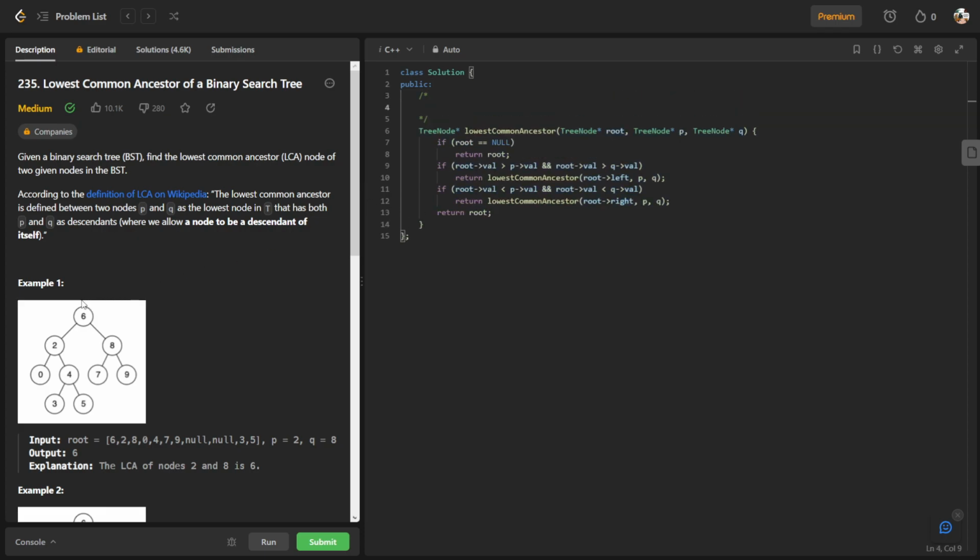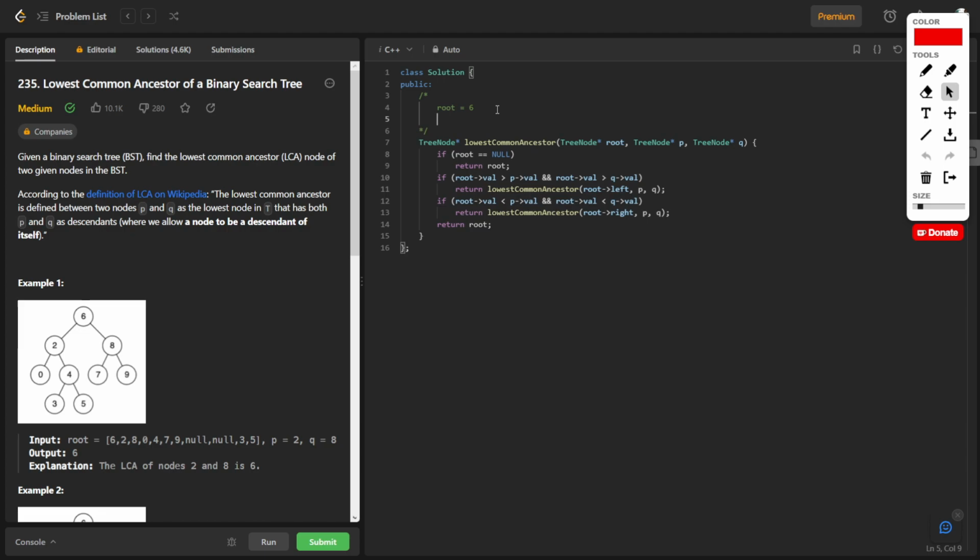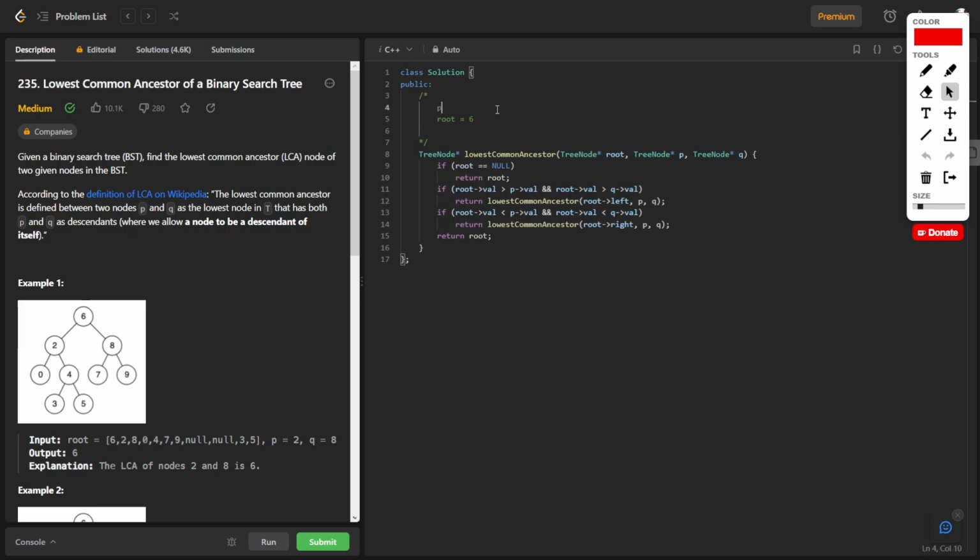Okay, so I'm using this as an example. So let's say we are at root. So our root is 6, right? Let me define P and Q first.